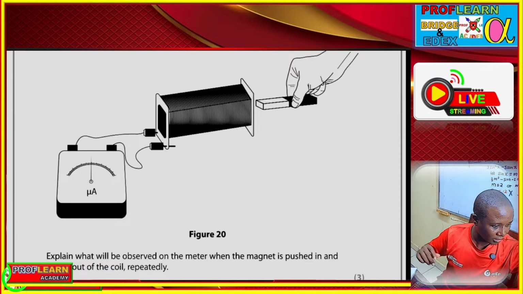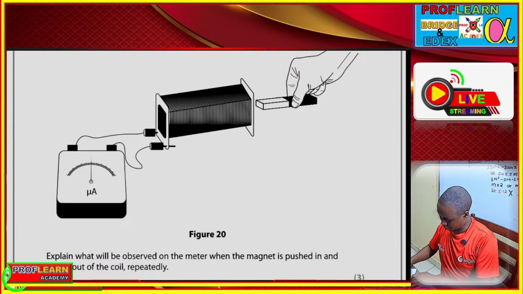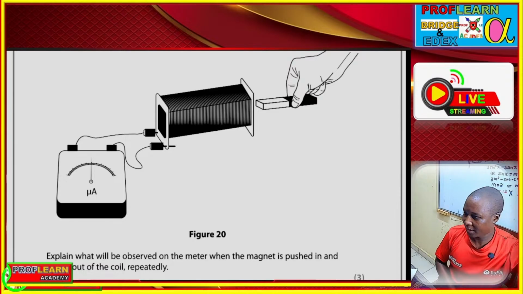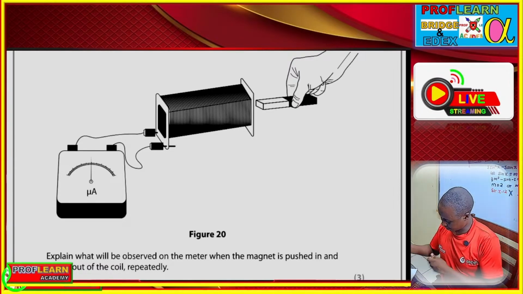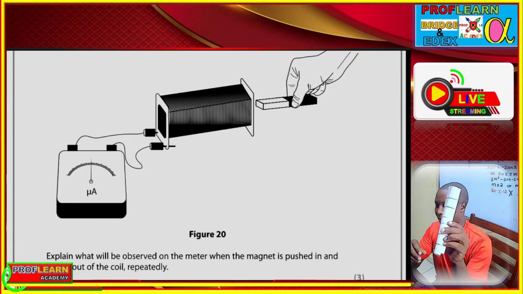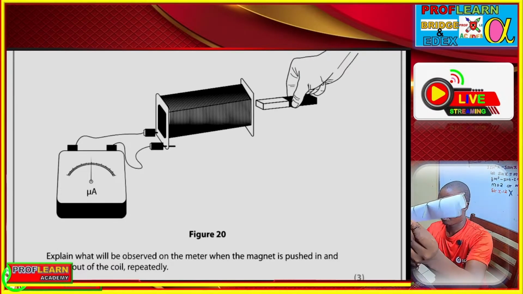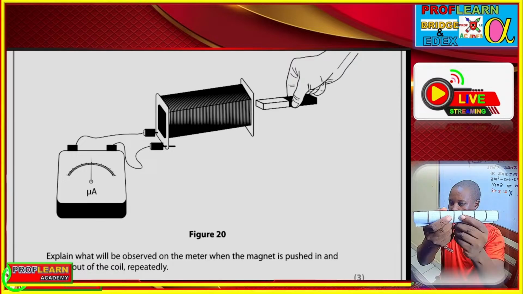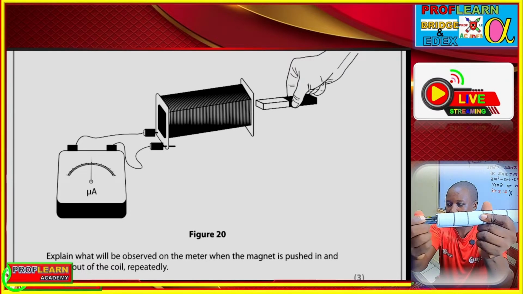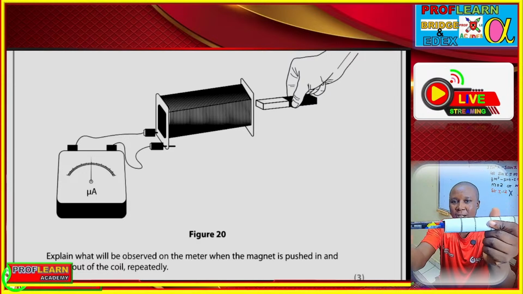So we have coils here. Assume we have different coils there, and then I have a magnet. I'm inserting the magnet into that coil back and forth.